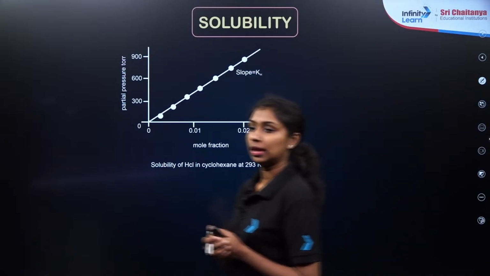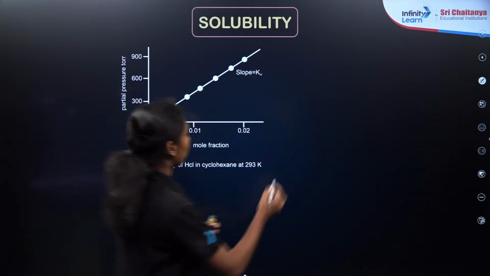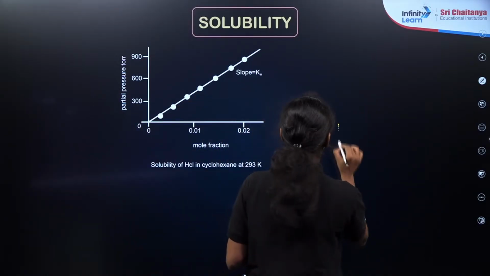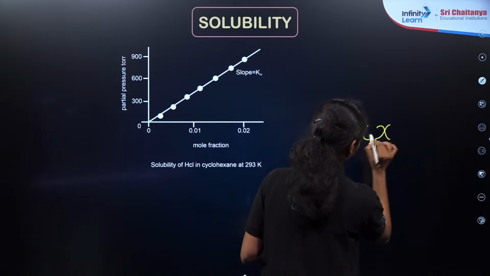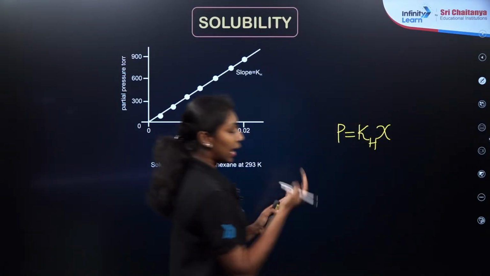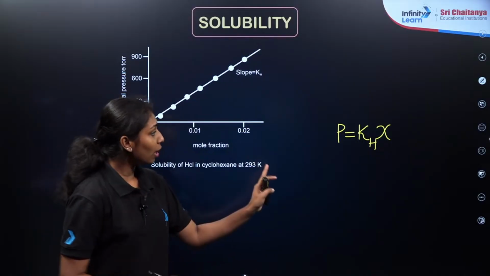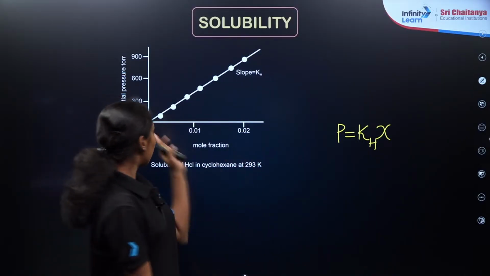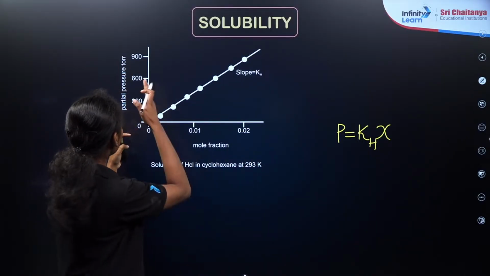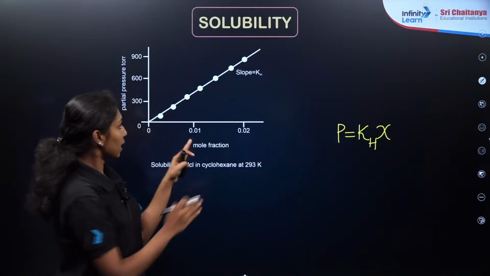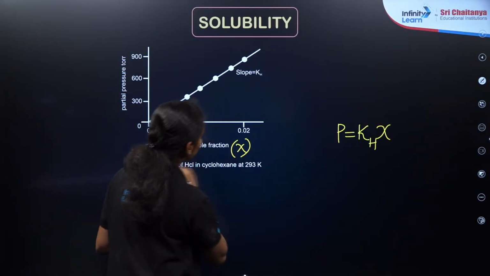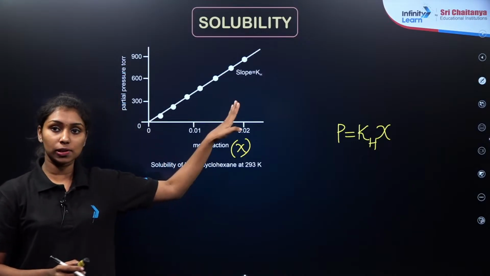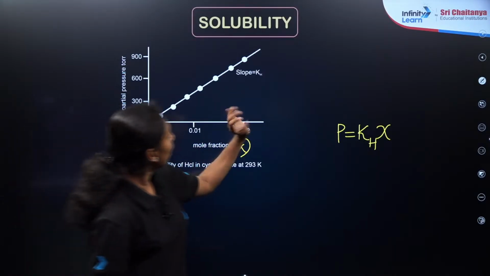This is our Henry's law, right? P is equal to KH, Henry's constant, into chi. If you draw a graph with partial pressure along the y-axis and mole fraction along the x-axis, what you will observe is a straight line graph with slope equal to KH, the Henry's constant.